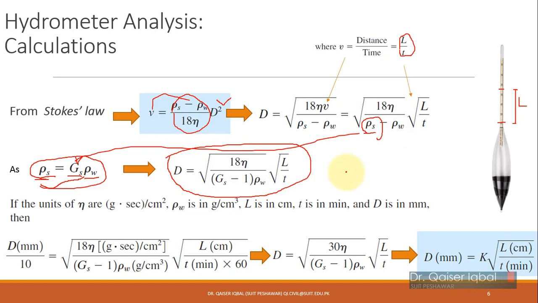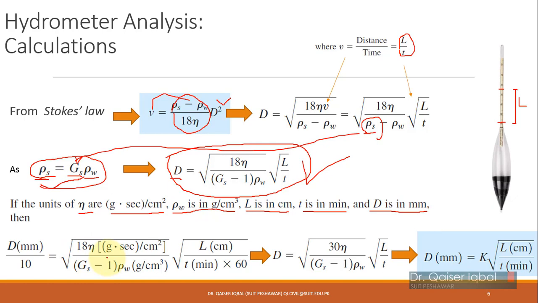So if we know the quantities on the right, we can determine the size of the particle. Now let's convert them into measurable units which we will be using. Let's say we are using viscosity in gram second per centimeter square, density in gram per centimeter cube, length in centimeters, time in minutes, and diameter D of the particle in millimeters.